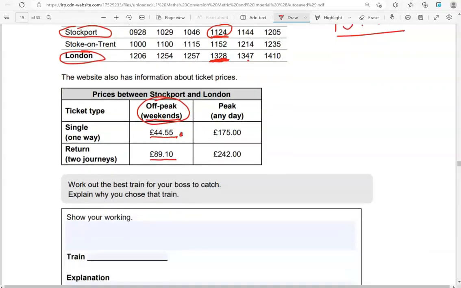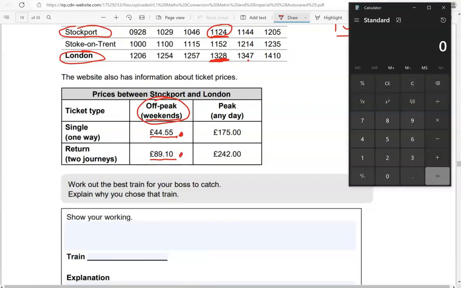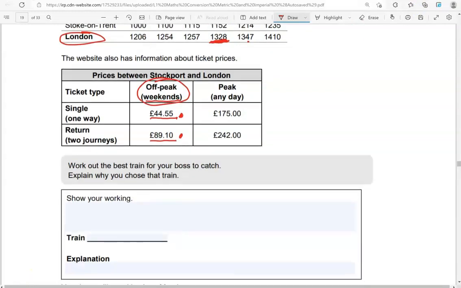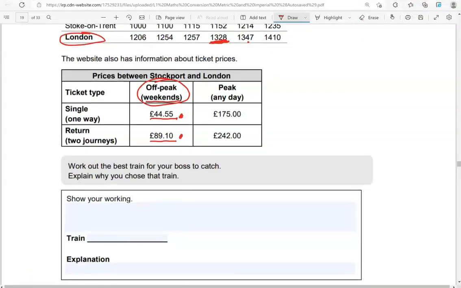So is this the same as half of this? Let's figure out. So £89.10 divided by 2 gives us £44.55. So there is no difference in cost whether you book it single or return.